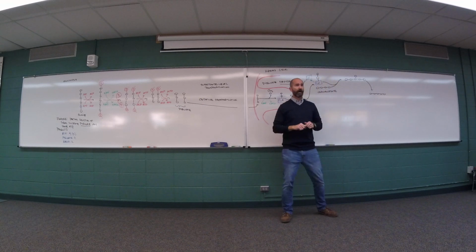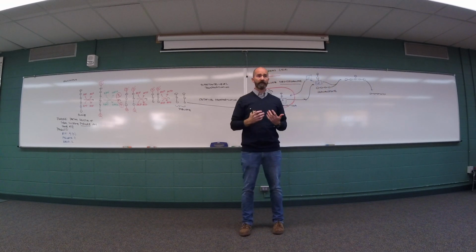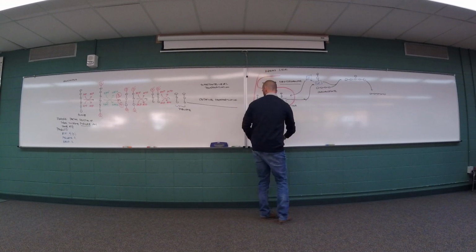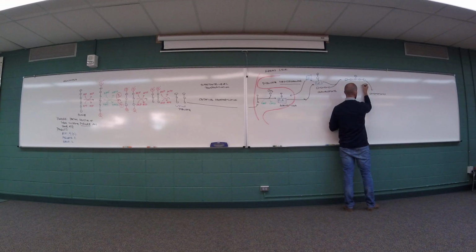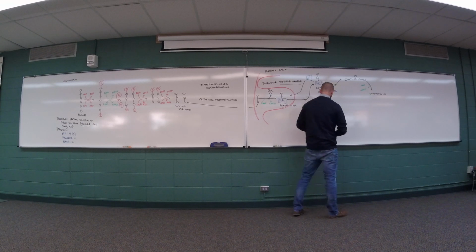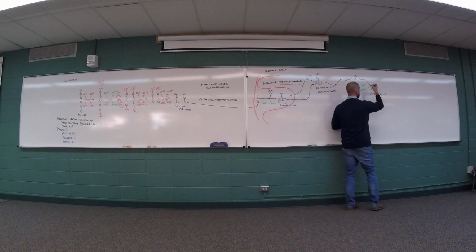Now, we've chopped off a carbon, we've broken a bond, so what have we liberated? An electron. So we're going to pick that electron up with NAD+. It does. And then that carbon becomes CO2.